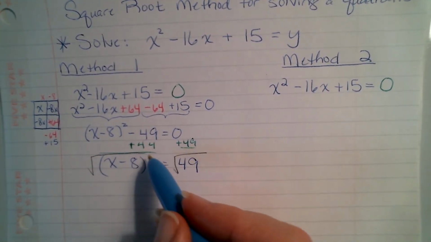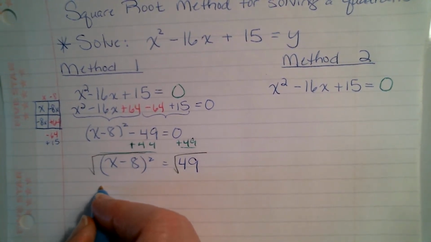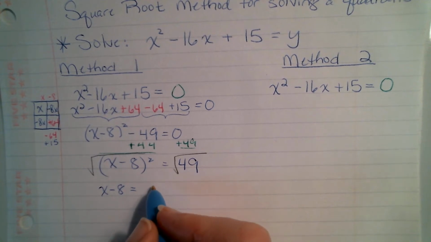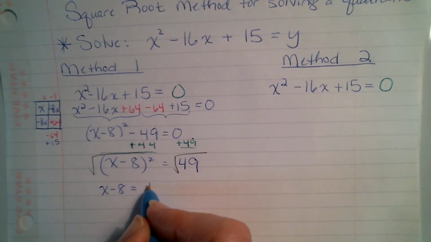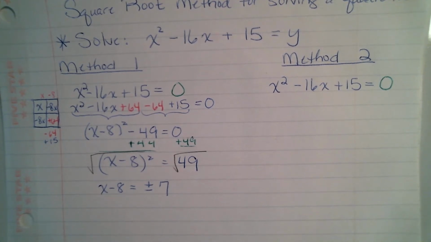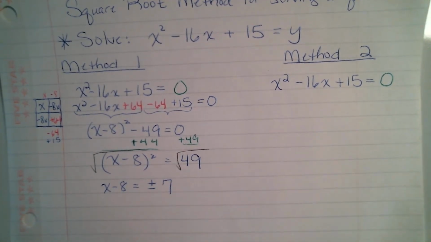So these will cancel out, squaring, square rooting. I get x minus 8 equals, don't forget, positive and negative 7. And so this is going to have two solutions, right?